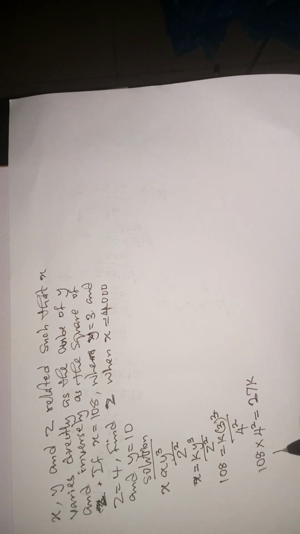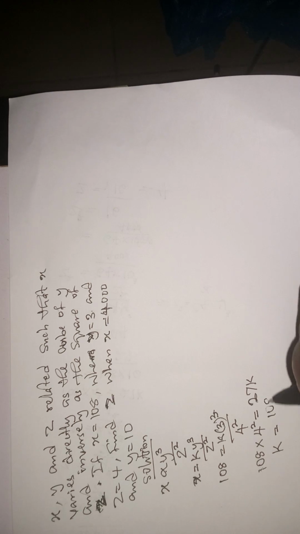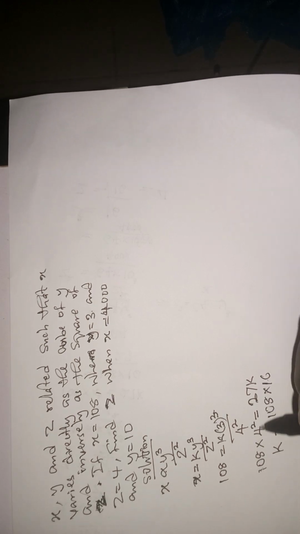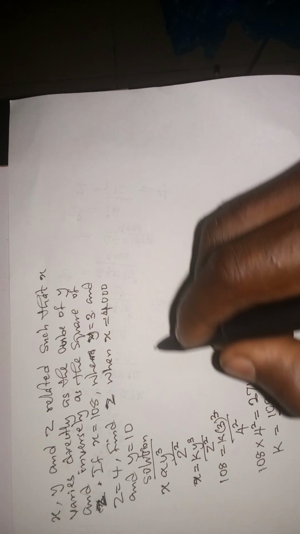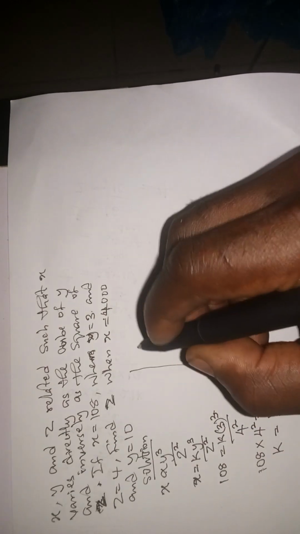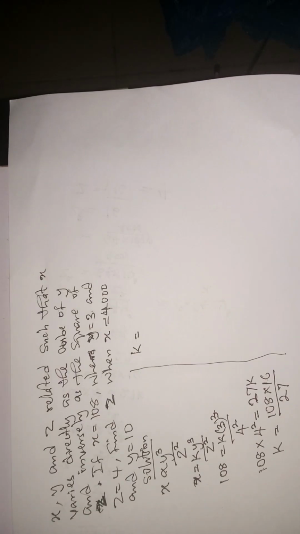So we divide both sides by 27, and we have K equals 108 times 16, that is 4 times 4, divided by 27.